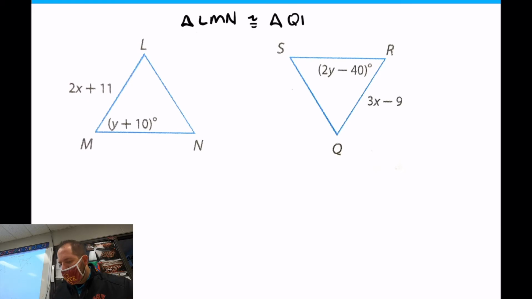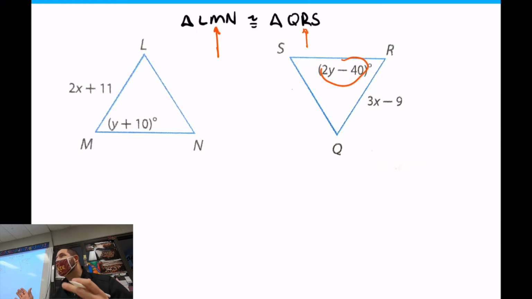Okay, so this is the instructions. Sorry I got cut off. I just took a picture of it from the book. Didn't have the instructions above it. Goal is still to find x and y. So on this one, I'll do the angles first. I always like to do angles first so you can see them. It looks like in this particular case, the angle M and R are the same angle, so that's this one and this one.